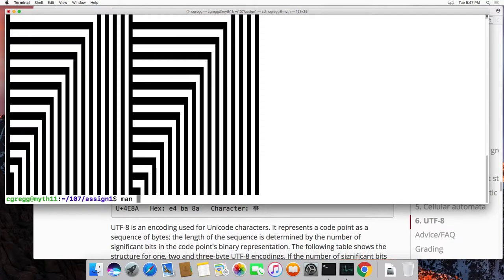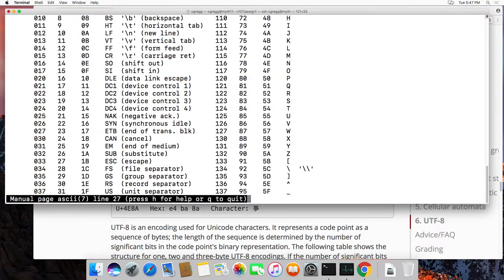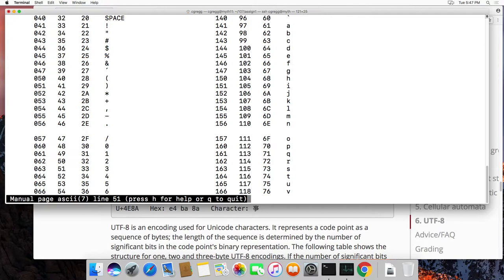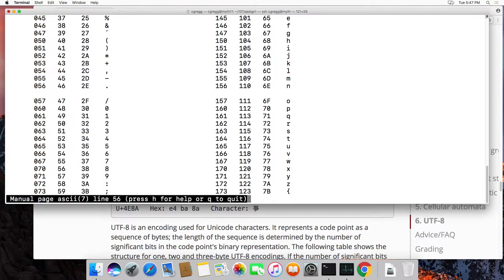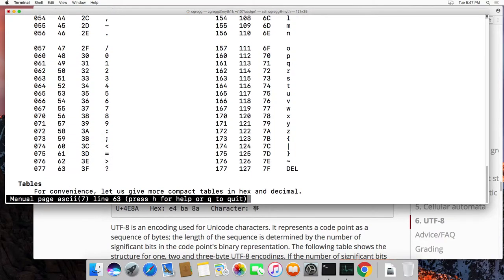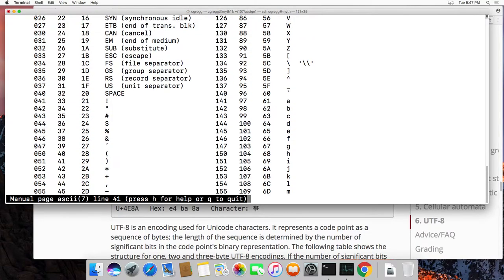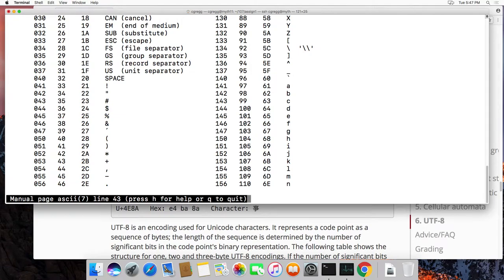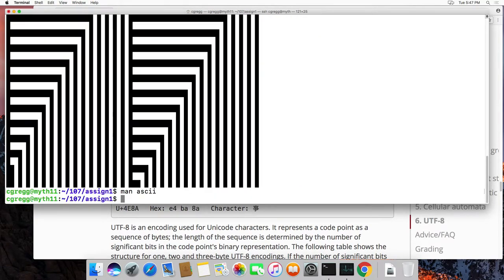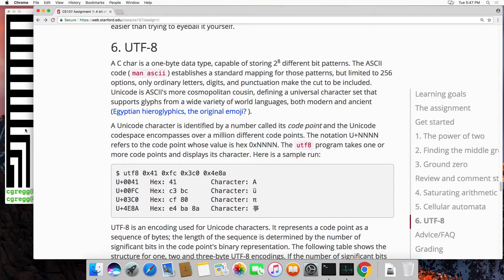If you actually go and do man ASCII, you can see the actual ASCII chart here. And you can see that it only goes up to 127. Those are all the Latin alphabet, English alphabet, and it wasn't particularly good for people who want to write in other languages.